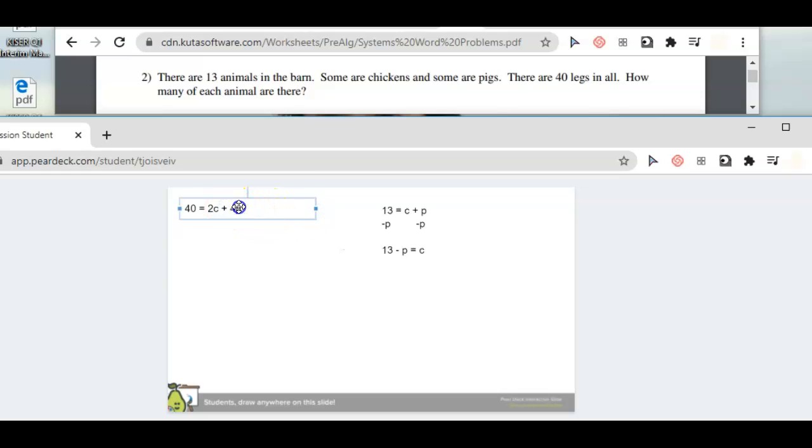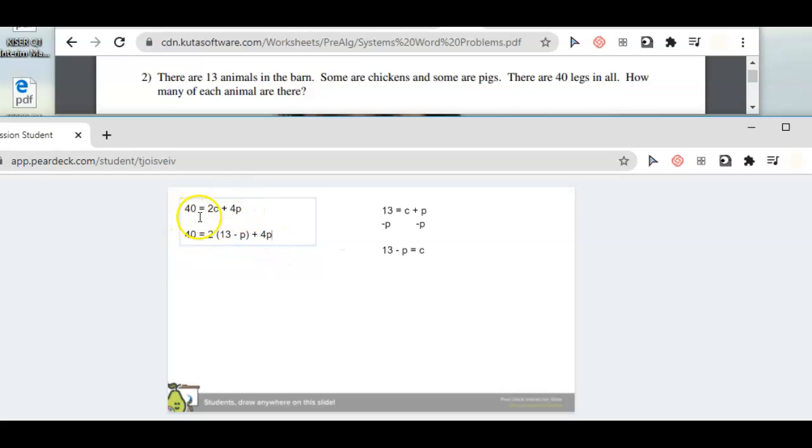Okay. Say, okay, 40 is equal to 2 times C. But now what do I know C is? C is 13 minus P. So I literally substituted this for C. And then don't forget to add the 4P, bring that down.